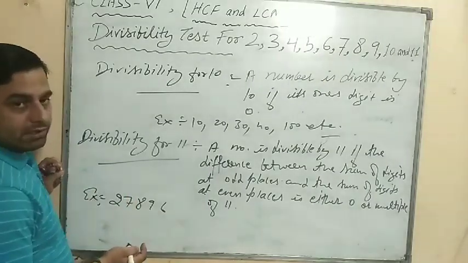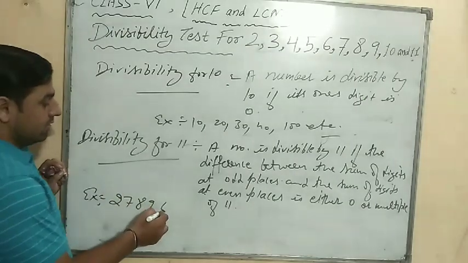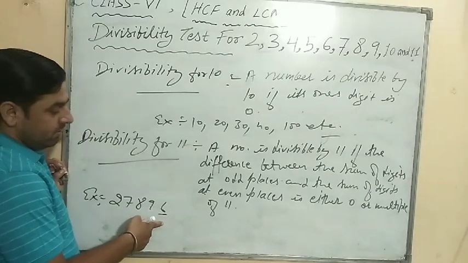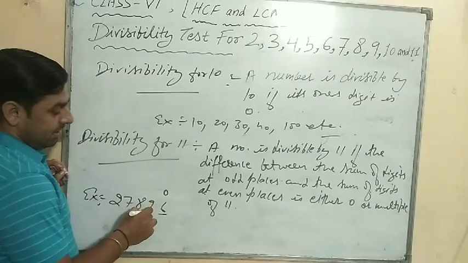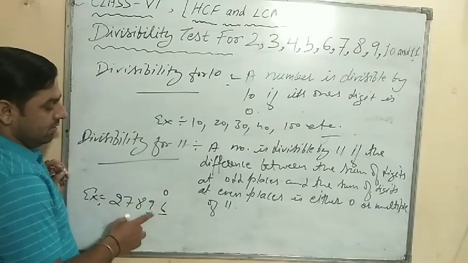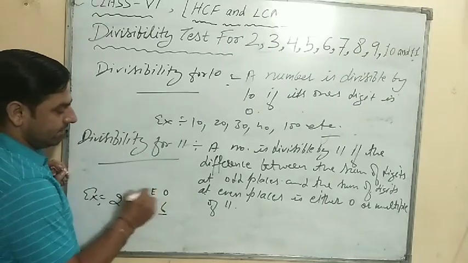So now I will check the positions of the digits, from the right side. The first digit from the right side is 6, so it is an odd place, and on the second place there is 9, so it is even.